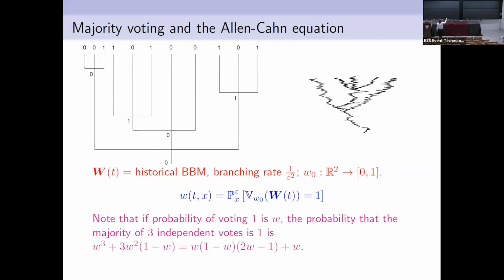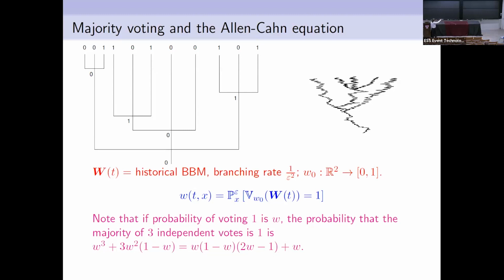And so if the probability for one of those being a 1 is W, the probability that the majority vote is a 1 is W^3 + 3W^2(1 - W). I'm allowing at most one of them to vote the other way. And I can re-express that as the nonlinearity that's arising in my Allen-Cahn equation plus W. So the change in the probability of voting 1 as I go through a branch point is precisely the nonlinearity that I want from my Allen-Cahn equation.